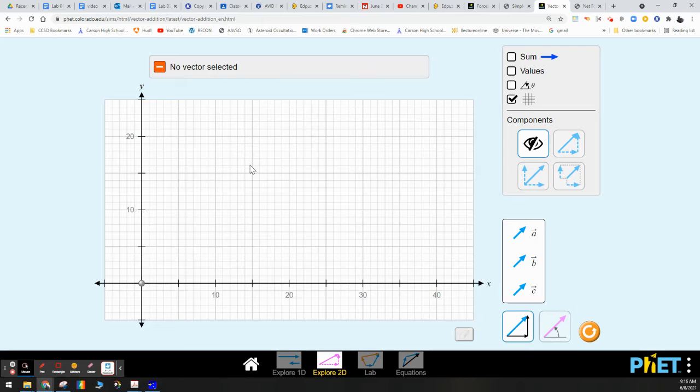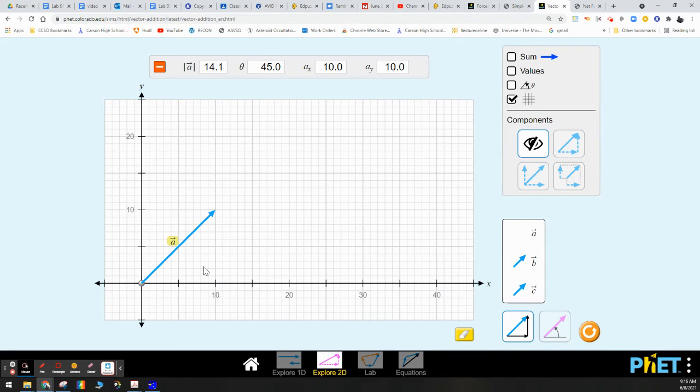Here we have this XY Cartesian coordinate system, and we should know from math class that this is quadrant 1, quadrant 2, quadrant 3, quadrant 4. I'm going to pull this vector out and put it right here. So we're in quadrant number 1.